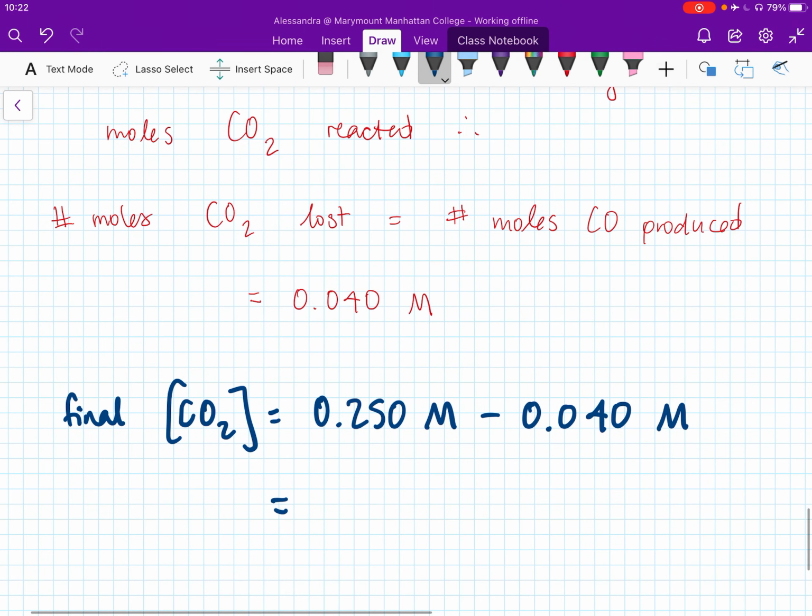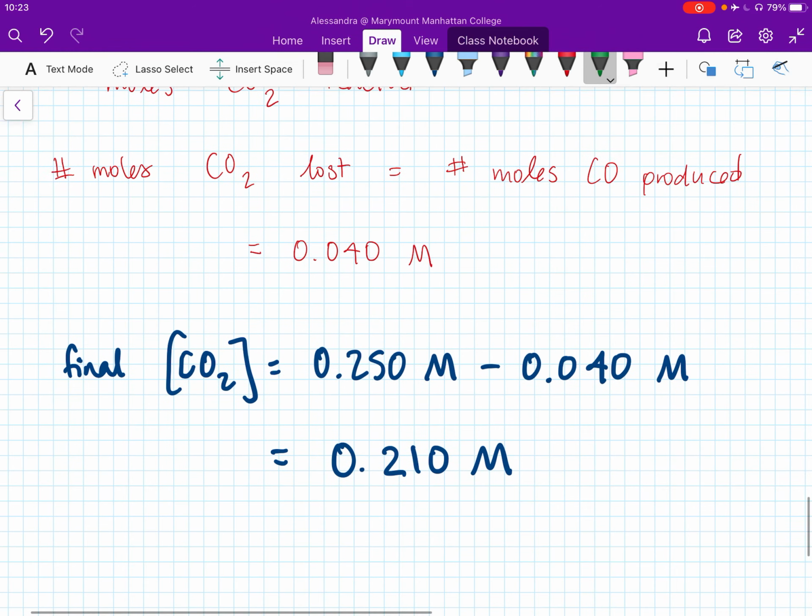So the final concentration of carbon dioxide should be 0.210 molar. So we just did that using our stoichiometric knowledge. Okay, that's kind of not a new idea for us.